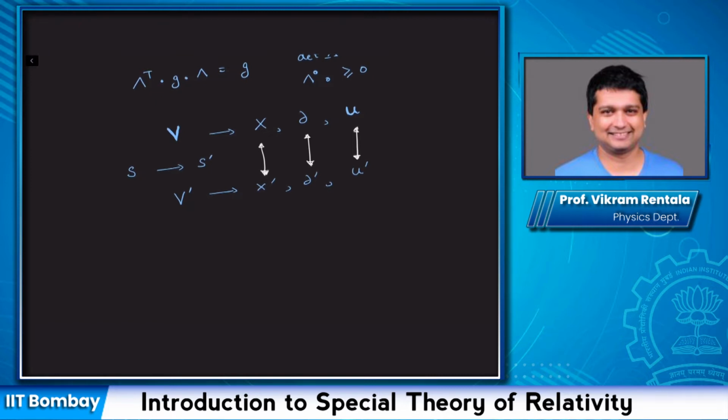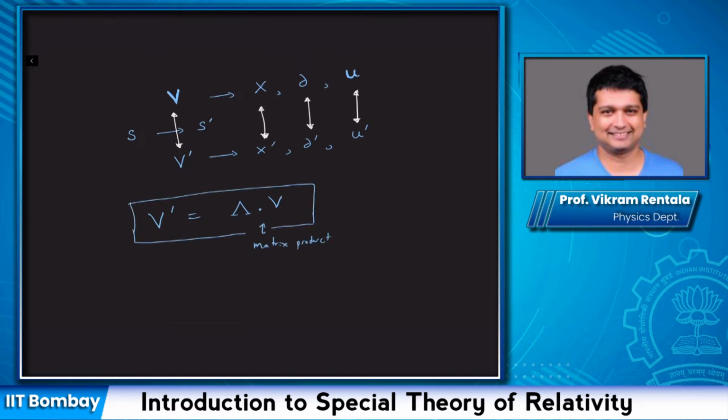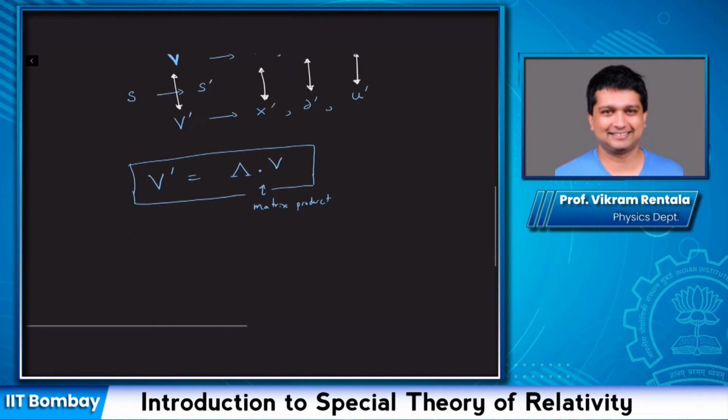So in general, for any v prime to relate it to v, the transformation rule is simply that v prime is equal to lambda dot v, where this is a matrix product. Now, this transformation rule is true for 4 vectors. So if v is a 4 vector, it transforms in this way.